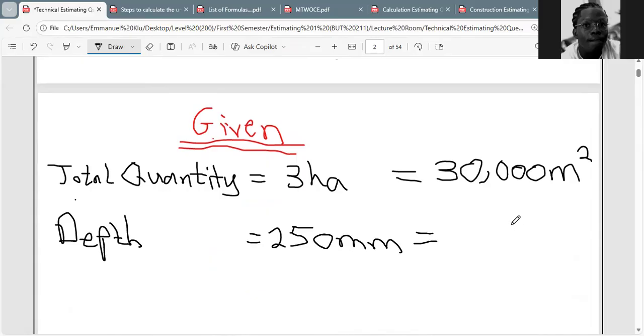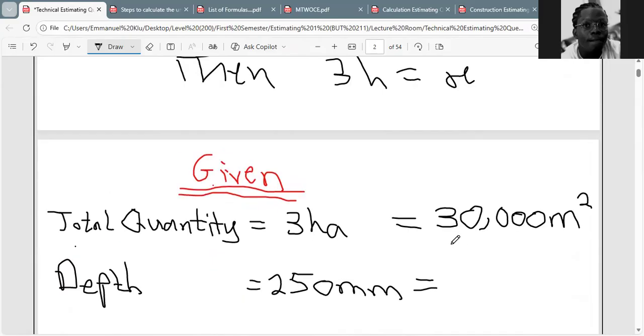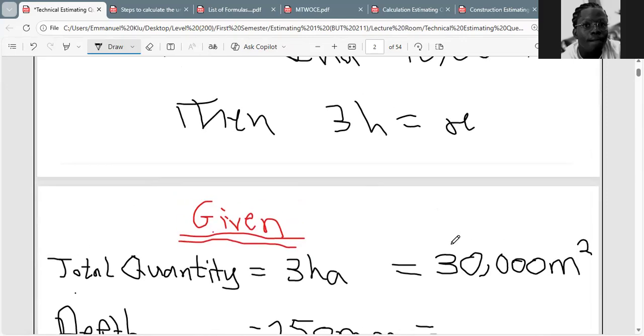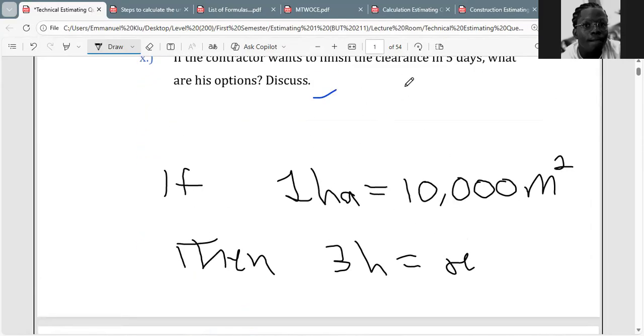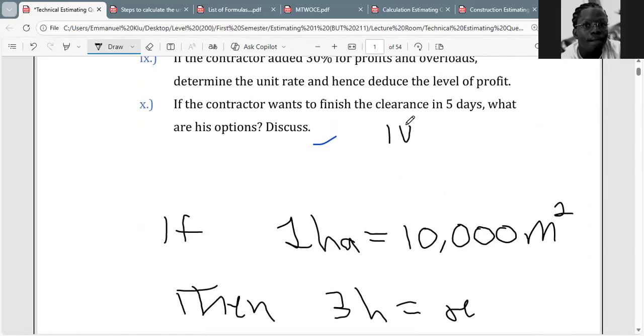From there, what are we supposed to do next? The next thing we are supposed to know is that we are supposed to convert also the 250 mm into what? Meters. Yes. Because we said that 1,000 mm also is equal to what? 1 meter.